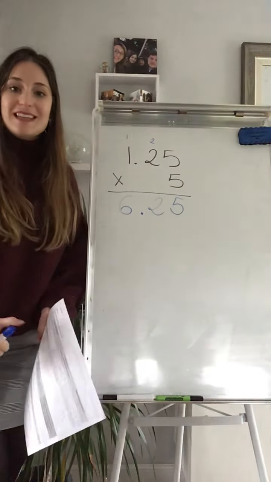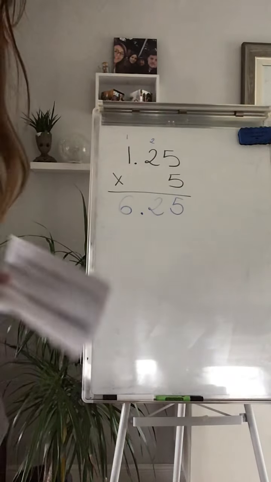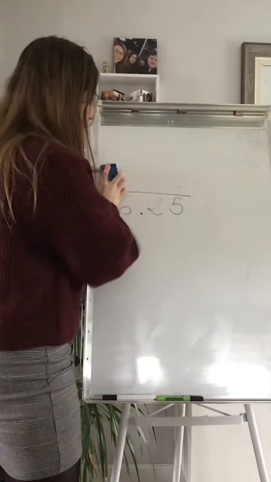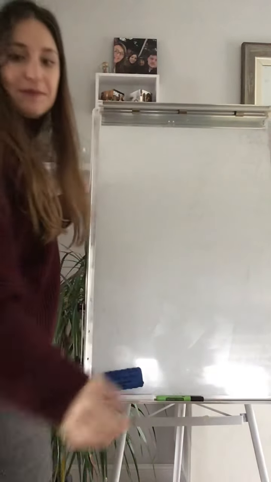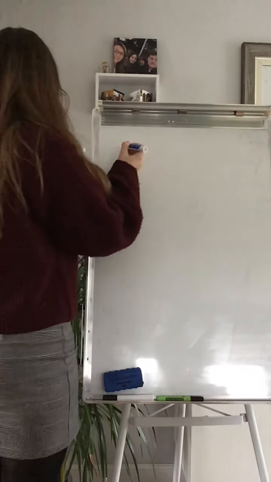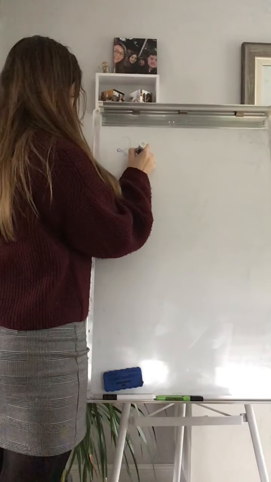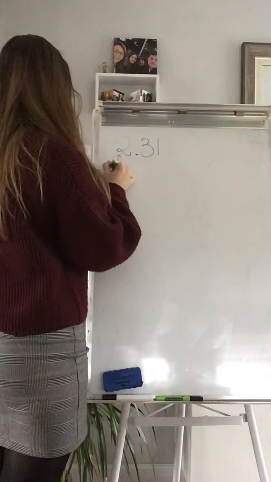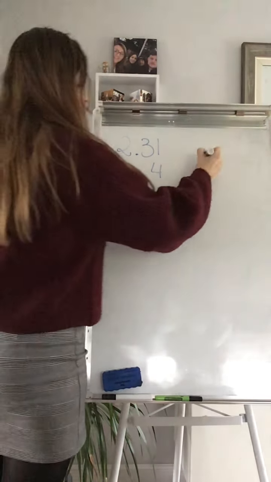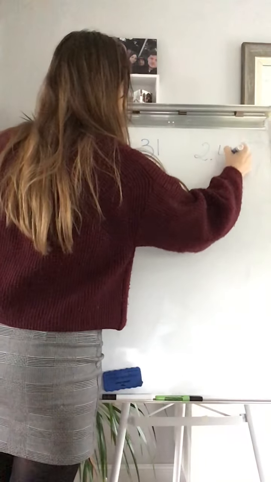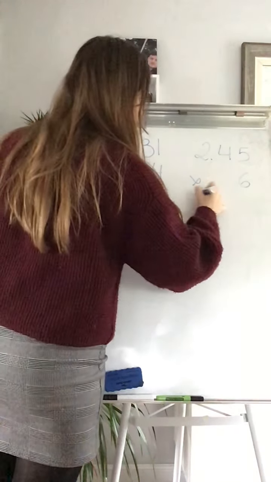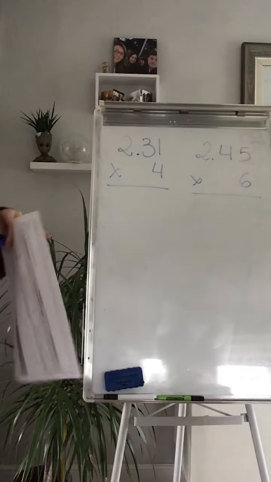Simple, easy, a really quick lesson today. Let's do these ones together. Get ready. Let's try 2.31 times 4, and let's try 2.45 times 6. Ooh, 6 times table.